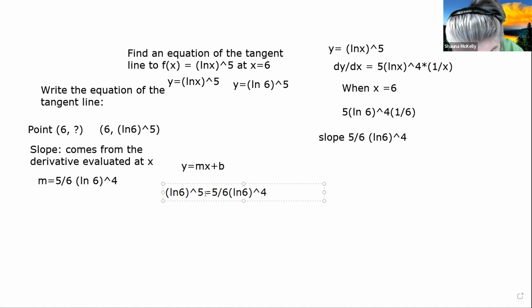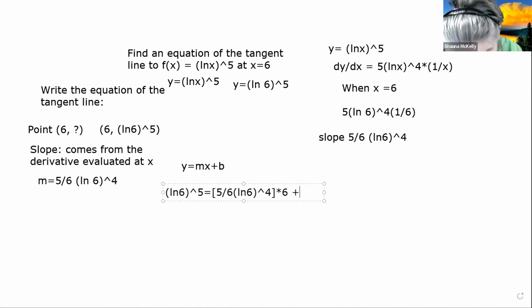Now I have to multiply the slope, so I'm going to put it in brackets, to differentiate it. And I'm multiplying that by x, so this is 6, and then I'm adding b to it.